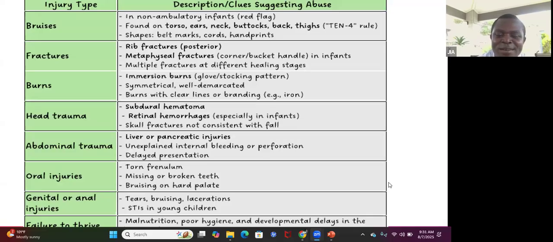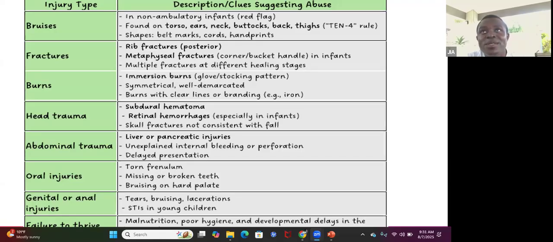All right. Then the last one to talk about here is failure to thrive. That is when you have malnutrition issues, poor hygiene. You see a child who is being brought to the hospital, and maybe the question describes the outfit of the child.